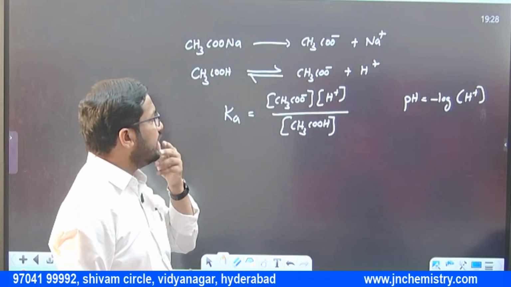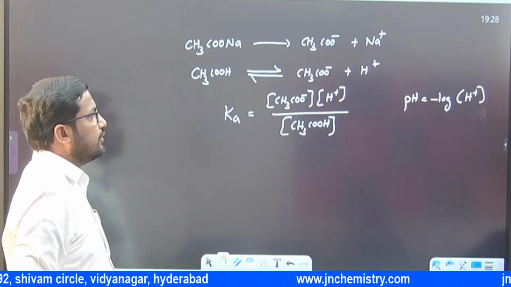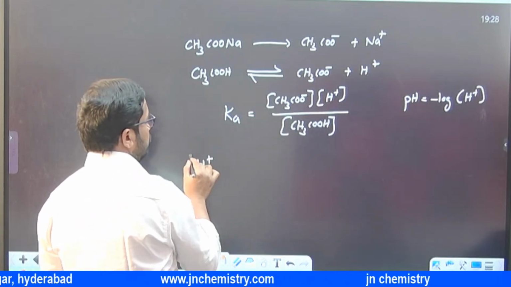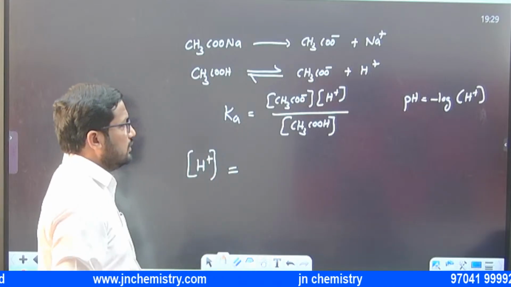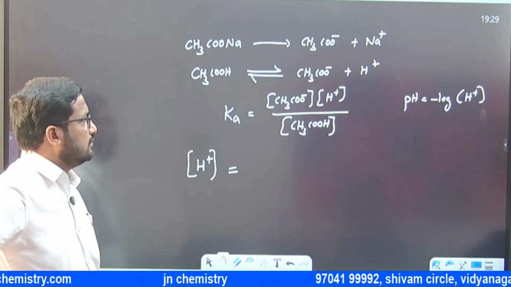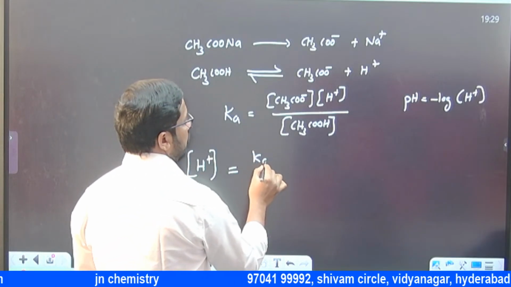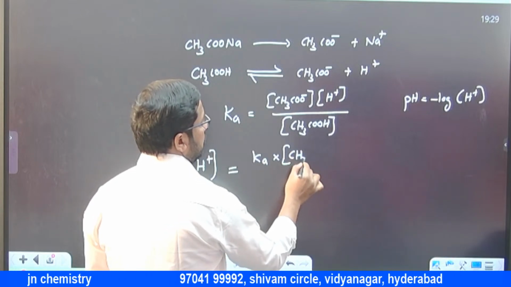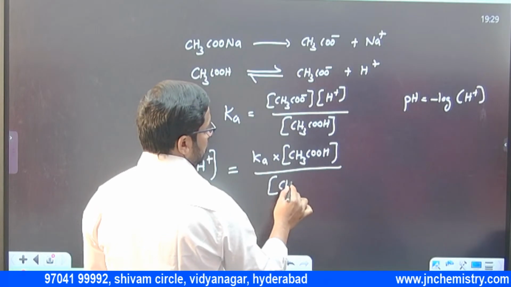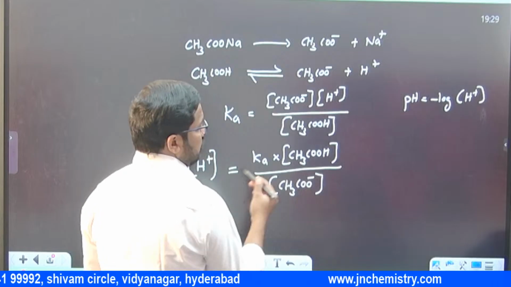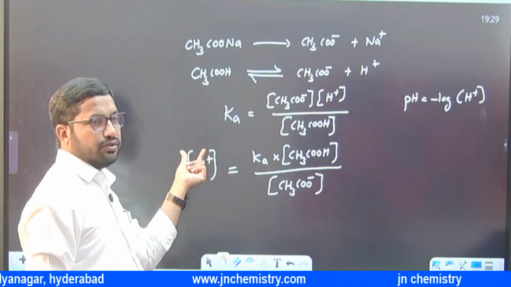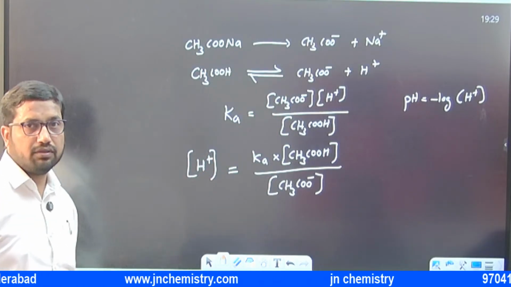Write the H plus ion concentration on the left side. How do we have to rearrange? H plus ion concentration equals Ka times CH3COOH divided by CH3COO minus. Is it clear? Any confusion? I brought this here, and taking this down, we will get this. Understood?